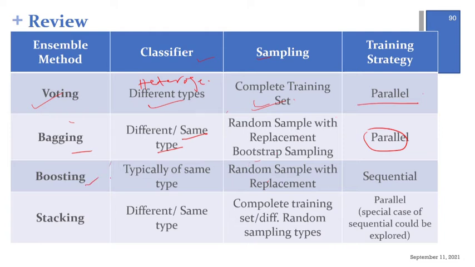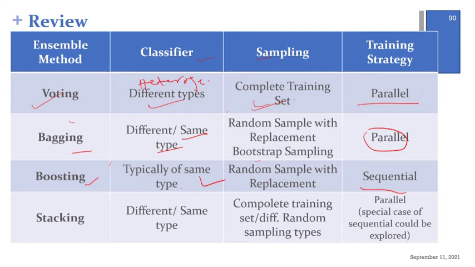For boosting, typically of the same type. However, like I mentioned, someone might want to explore the possibility of using different types, but then it's going to be more complicated because here it is trained sequentially. You have to train one, look at the output coming from that first one, see those samples that are being mistakenly classified.